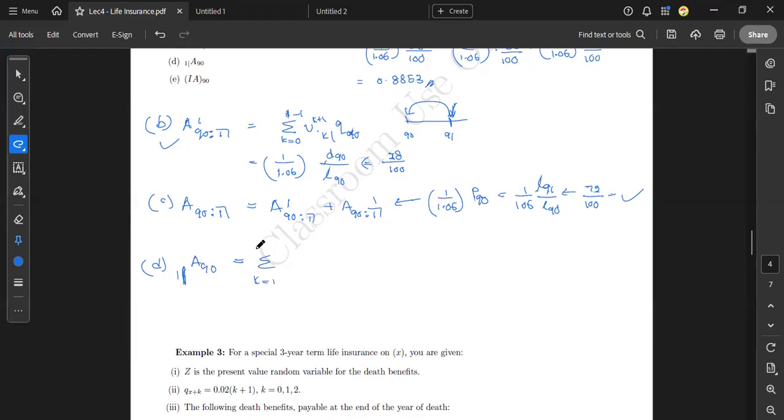The maximum value is here, 93 minus 90 minus 1, and the same term occurs in here.